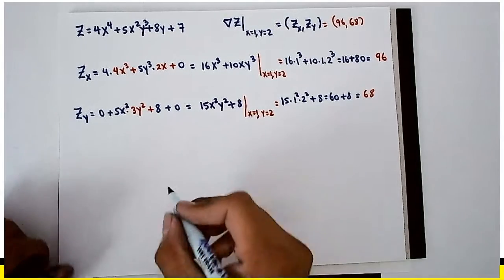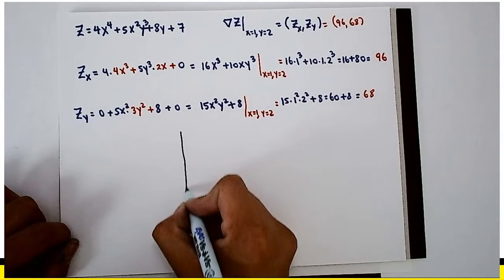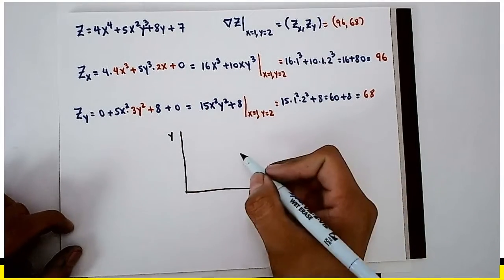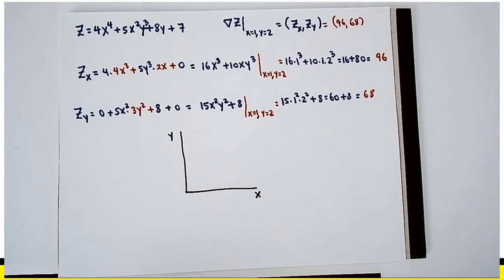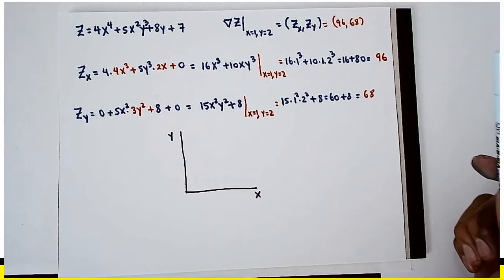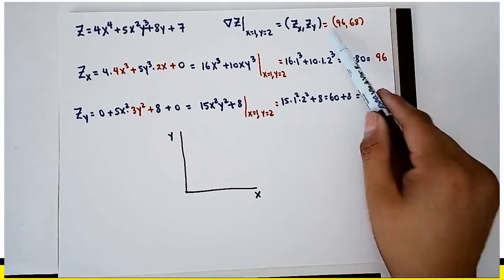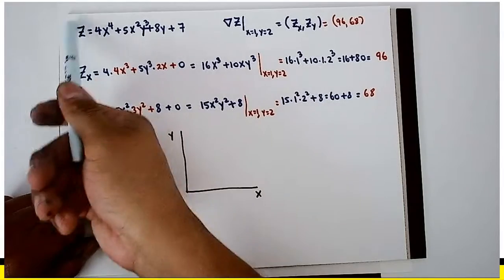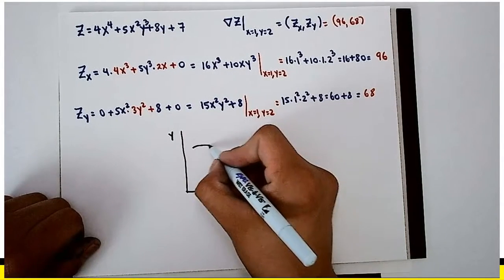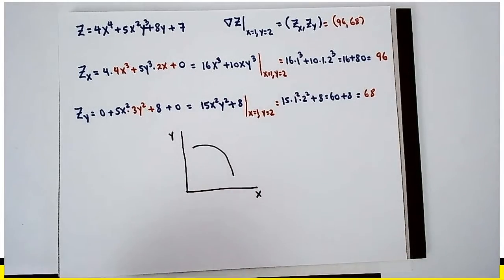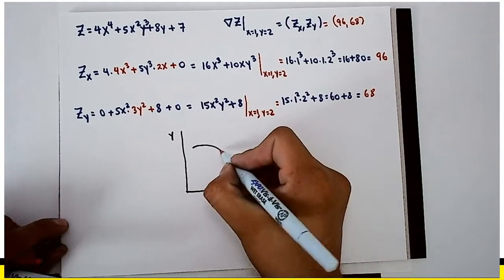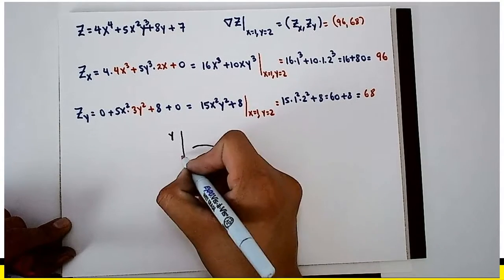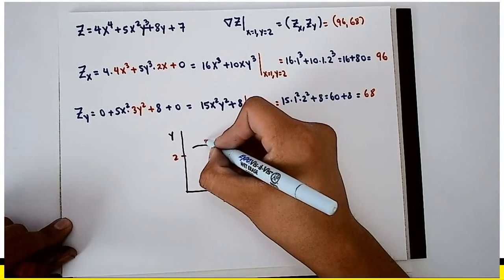Now, let's understand what this means. So here we have x and y. And notice that first, both elements in the gradient are positive. When we graph this specific function, we will obtain something like this. Then this is the point x equals 1, y equals 2. And here we have the slope.